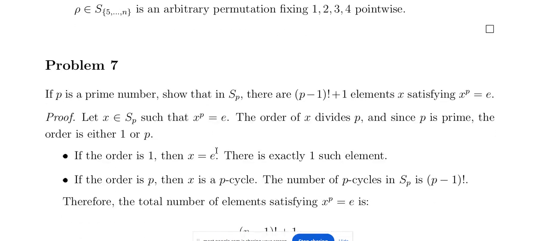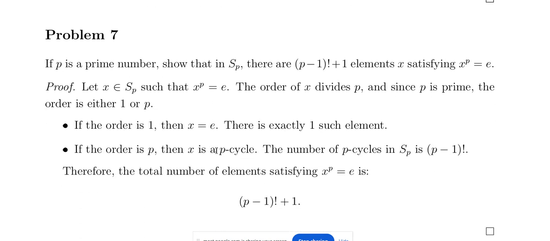They will ask quite simple questions, not complicated ones. If p is a prime number, then in Sp there are (p minus 1) factorial plus 1 elements x satisfying x power p equal to e, like in S3 and S7.